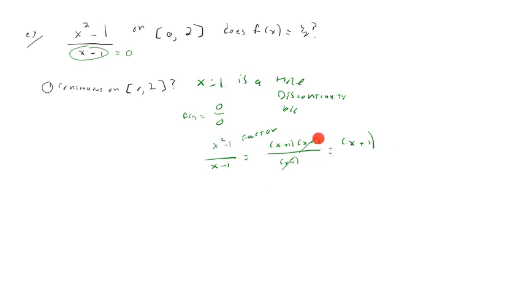You need to know that this is going to cancel and it's going to make a hole discontinuity. You need to know that it is a discontinuity because the bottom equals 0. It doesn't really matter for this purpose what kind it is, but if you know what kind it is, it's important in other questions. Say I wanted you to find the limit as x approaches 1. You need to know all these details, the full picture of what's happening, and connect all the pieces together.